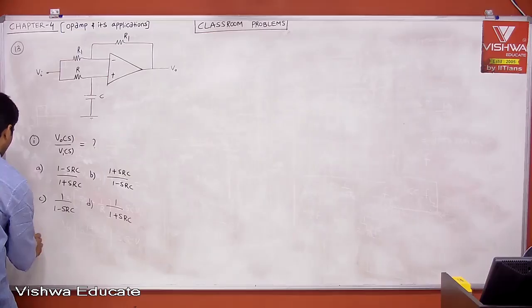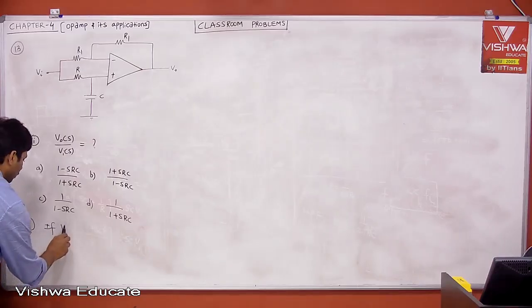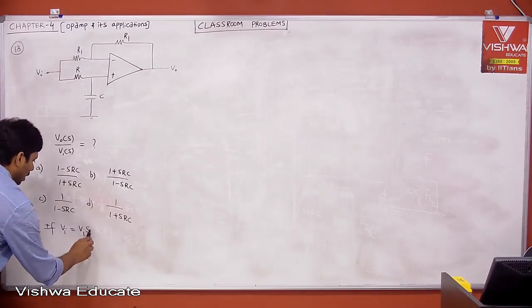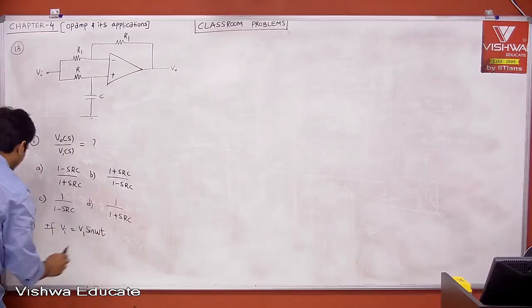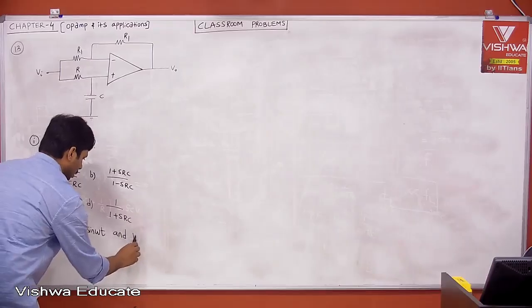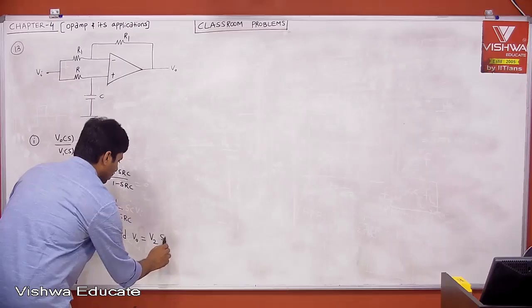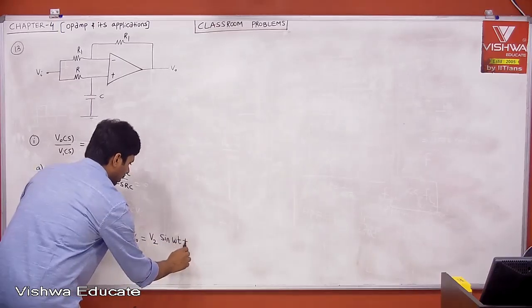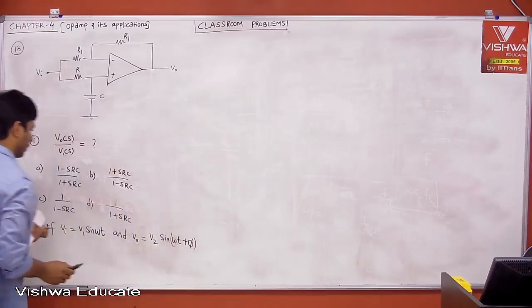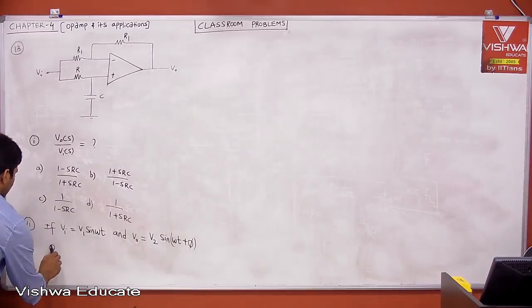Now problem number 2. This is a linked answer problem. What do you mean by linked answer problem? I'll explain. First of all, if VI is equal to V1 sin omega t and V0 is equal to V2 sin of omega t plus phi, then the minimum and maximum values of phi.